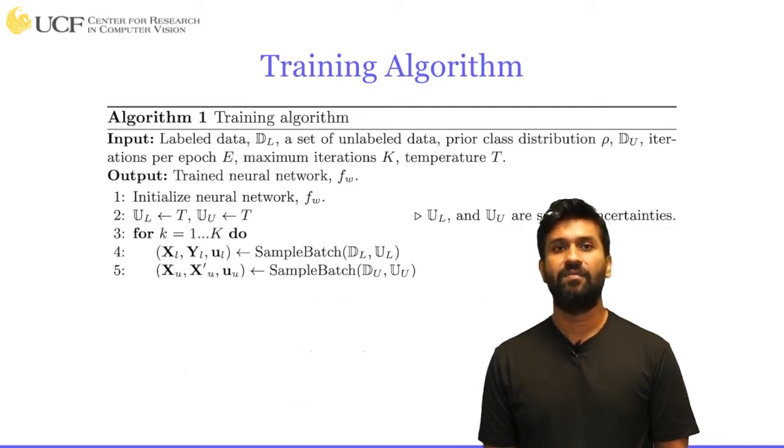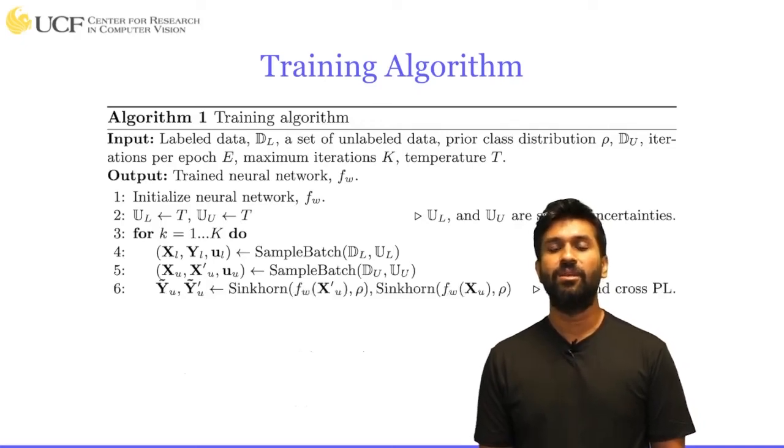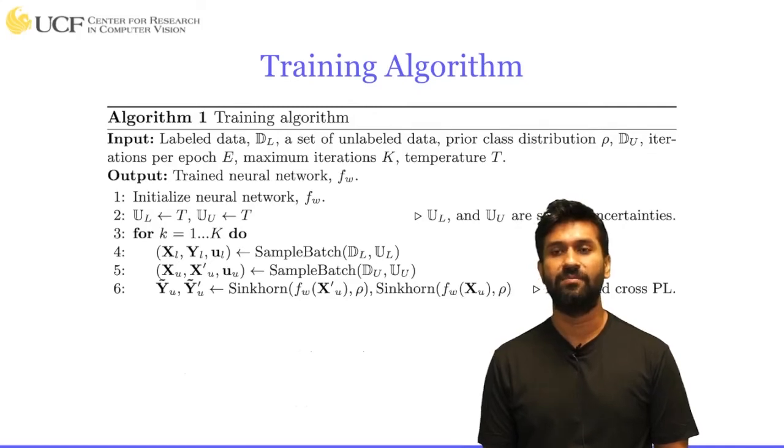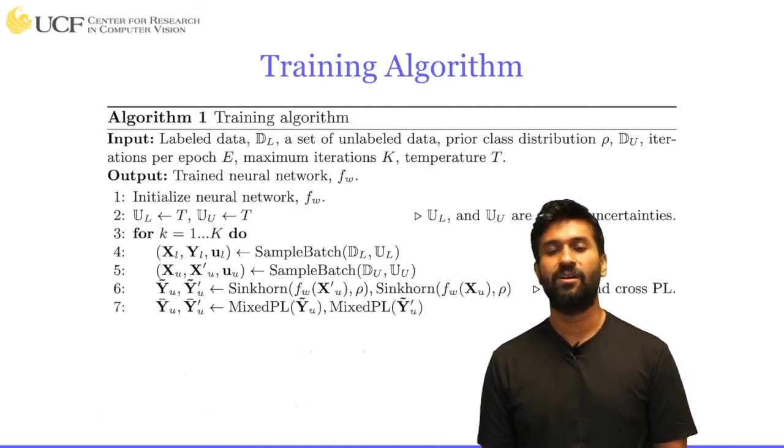Then for iterations up to K, we'll sample a batch of labeled samples, and we'll sample a batch of unlabeled samples. Then we'll perform the Sinkhorn-Knopp algorithm using our class distribution prior, and we'll also perform the cross pseudo-labeling to swap the labels between the two augmented versions of the unlabeled data. Then we'll perform mixed pseudo-labeling to obtain our final pseudo-labels.